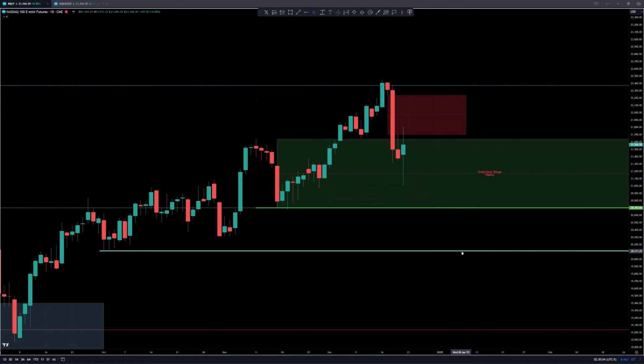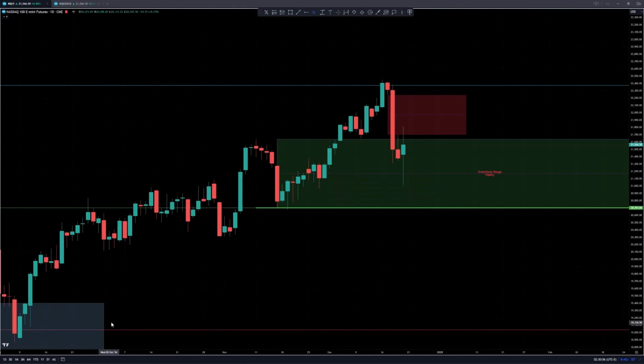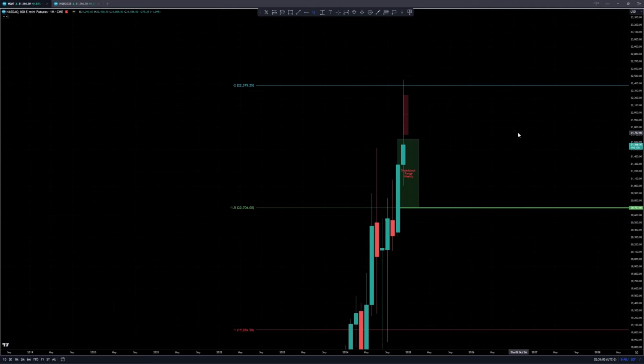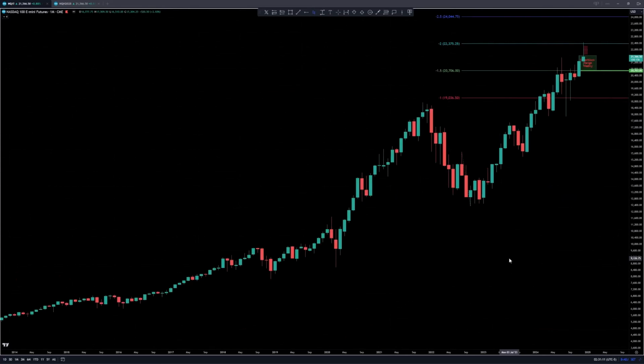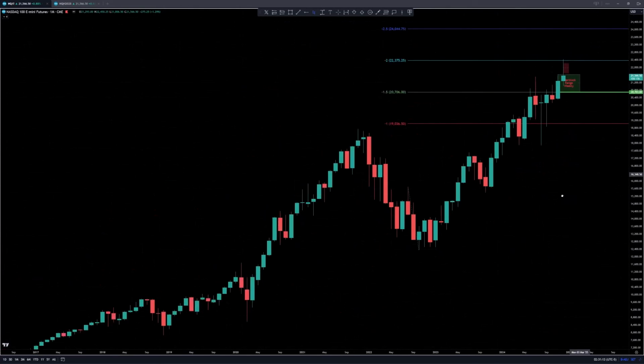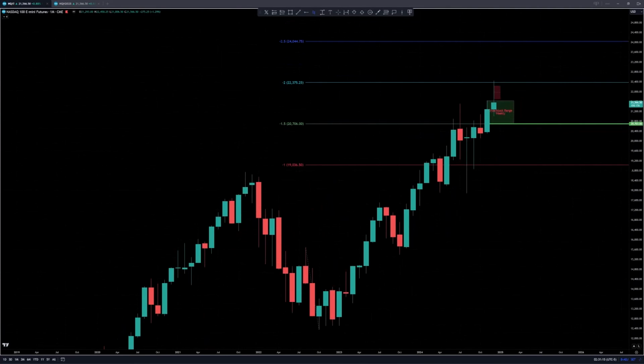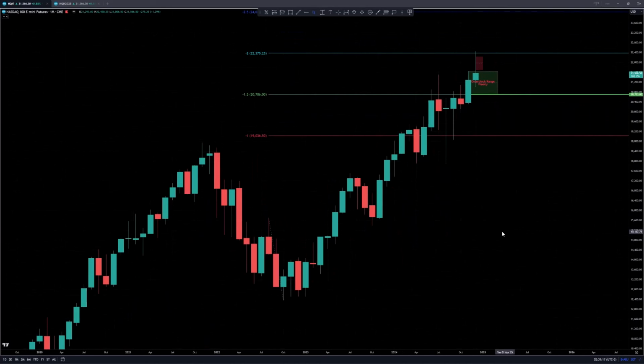So now we have a lot of stuff here. Maybe I should remove a couple of things. We should talk now about what would be a good level to step in. What would be a good level where we have a deep discount and where it would be worth to enter a trade again? So for me, let's assume this is our price range.